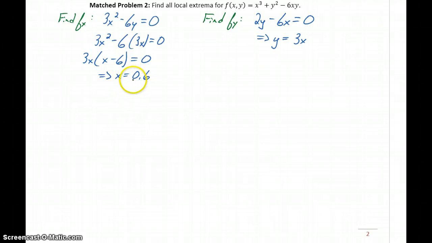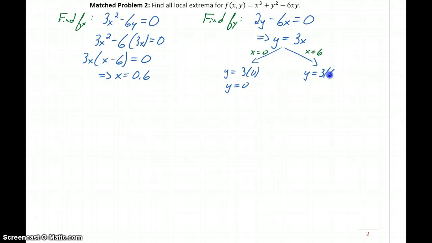So we have two different possible values for x. So we're going to take our derivative with respect to y and branch this off. One case is going to be our case where x equals 0, and the other our case where x equals 6. So we'll plug those in for x and find that corresponding y value. So y is going to be equal to 3 times 0, which means y equals 0.